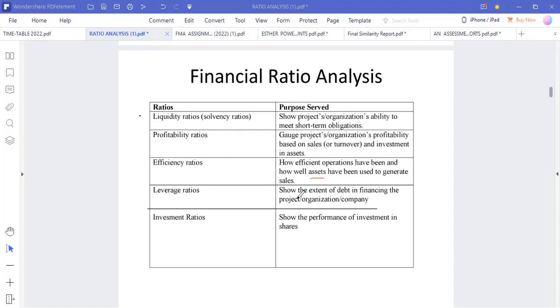The leverage ratios mainly concentrate on debt financing. How are we financing our firms? Is it over-leveraged? Is there more liability, more external funding than our own? Then that's the problem. Then investment ratios really cater for the shareholders, giving you a picture of the performance of the investment in terms of shares.